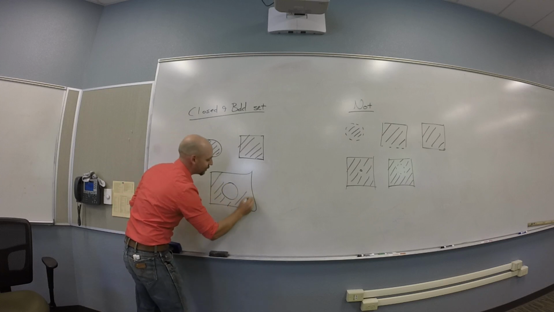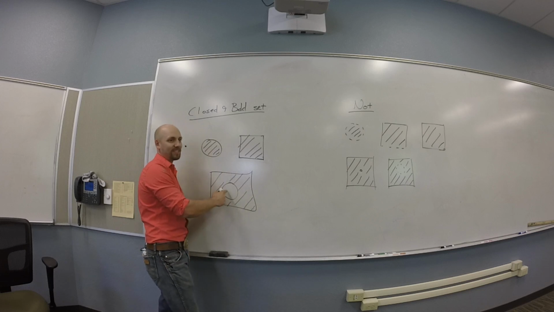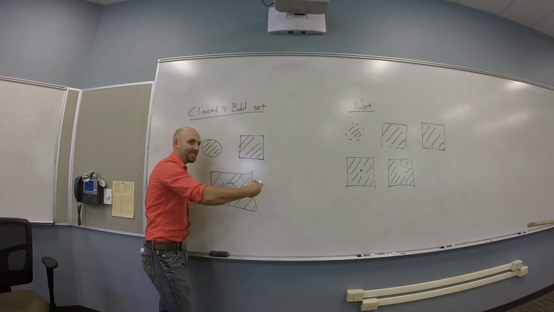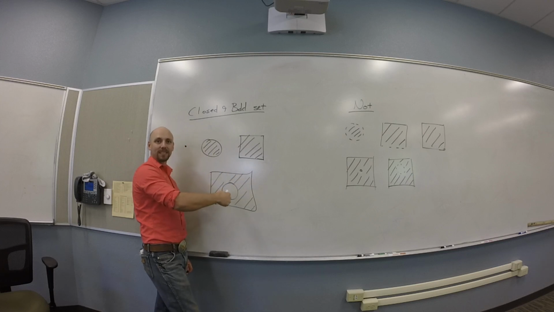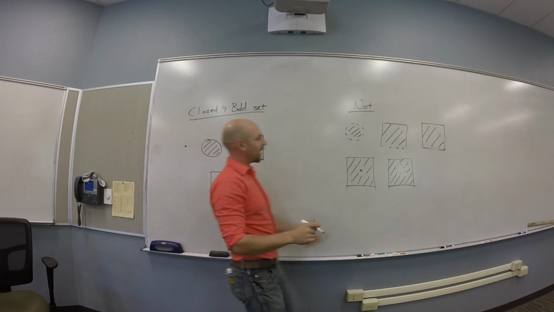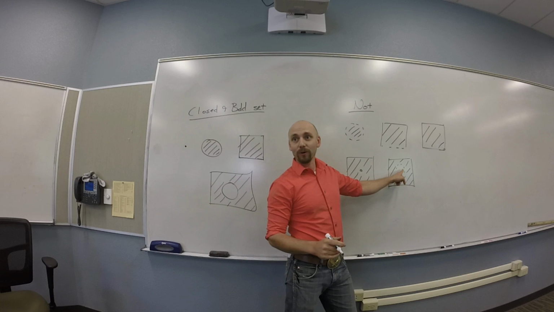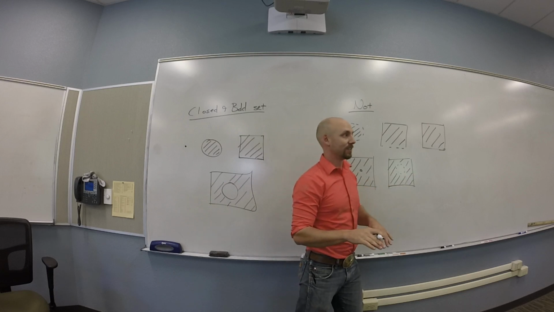If you left the edge in, and the way you leave the edge in is you take an open disk out. So if you take an open disk out, that leaves the edge in, and this is closed and bounded. But this one where you took the edge out too, that one's not closed and bounded. You guys see this?